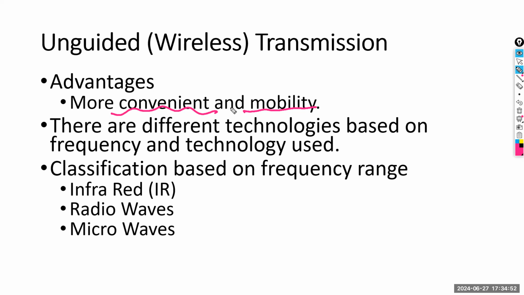Say, from Earth to Mars, it's not practical to have a copper wire or fiber optics. But still, we can communicate between Mars and Earth using wireless communication, satellite communication, right? Unguided transmission.